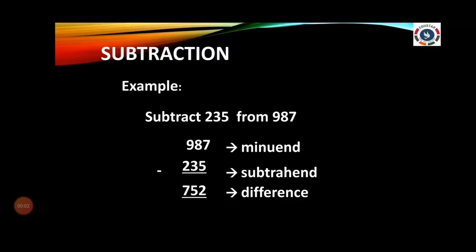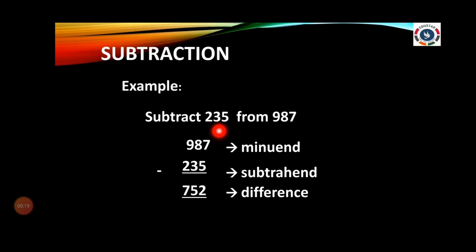Now I am going to explain through an example. Subtract 235 from 987. While arranging the two values, the first value is always the greater value and the second value is the smaller value.